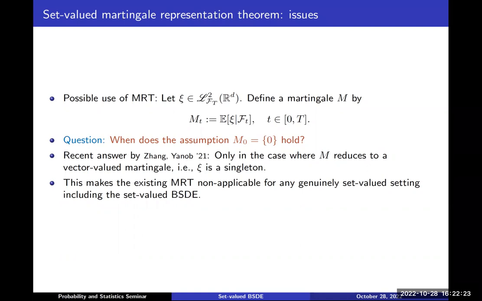So the set-valued part is not really interesting. There is just a vector-valued randomness moving, but you just translate it by a fixed set at time 0. So that is not essentially set-valued. It's just reducing down to the vector-valued case, which is not so interesting. So this martingale representation theorem that I showed you is not really applicable for any setting where you have genuinely set-valued randomness.